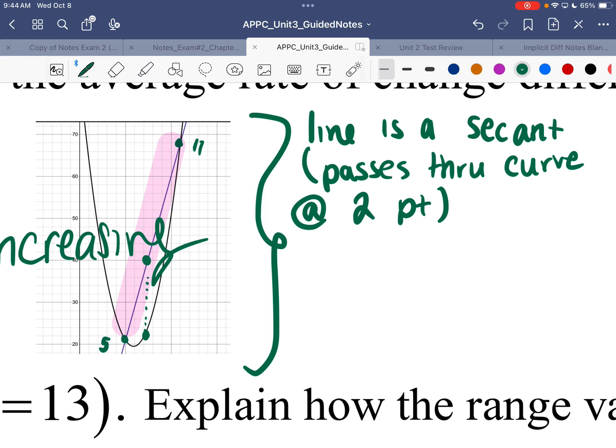So the secant line is secant to the quadratic and the quadratic is concave up.